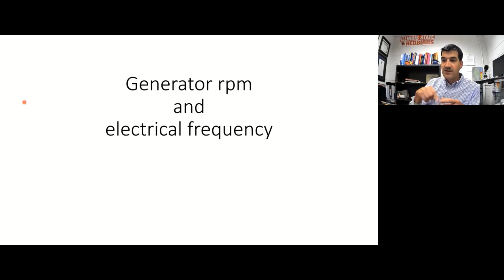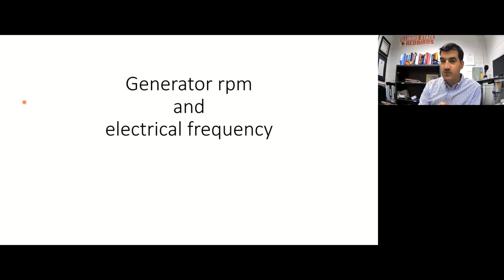Well, if I get one full sine wave every one rotation, and I want 60 cycles per second of electrical output, then I've got to physically rotate that thing at 60 revolutions per second. Or converting that to revolutions per minute, that's 3,600 revolutions per minute.